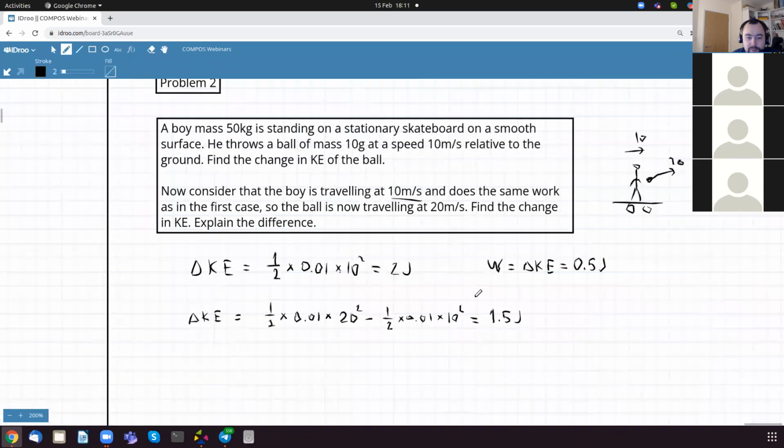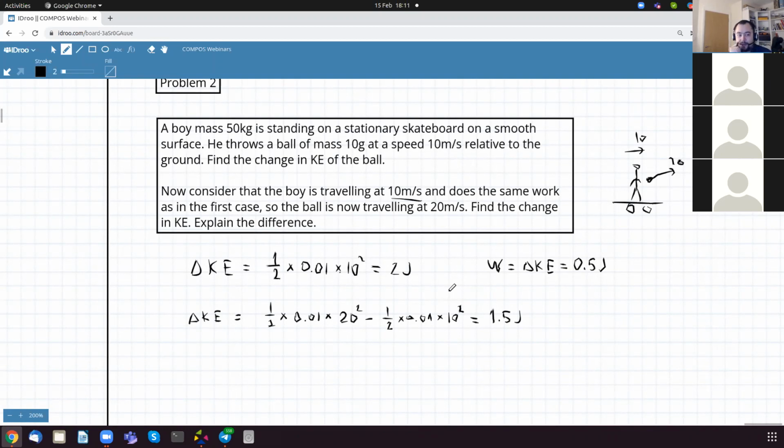I mean, the boy didn't throw harder, because if the boy threw the ball harder, it would fly faster than 20. He used the same force because he is in an inertial reference frame, right? The laws of physics are not different if you're moving.